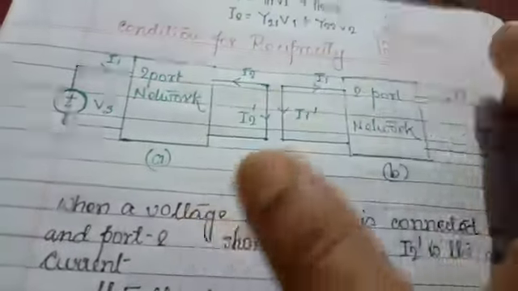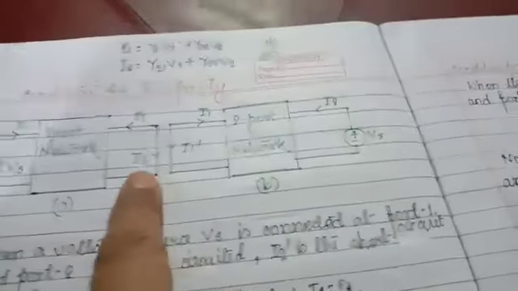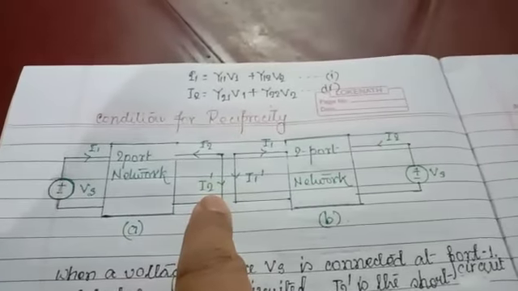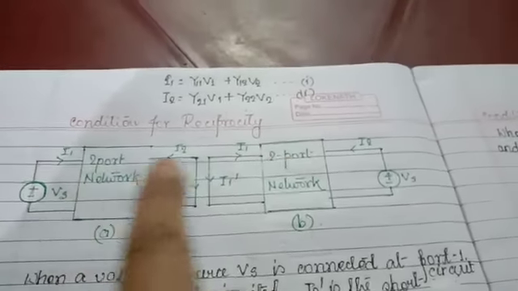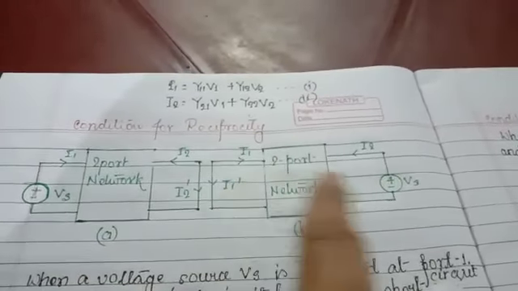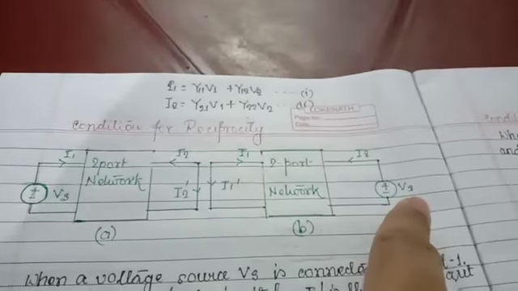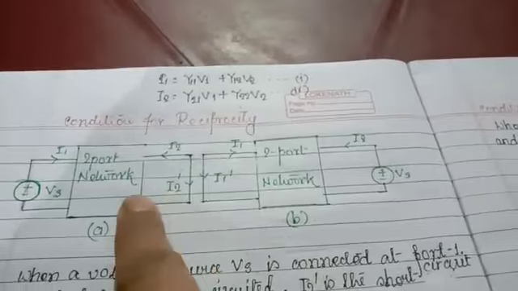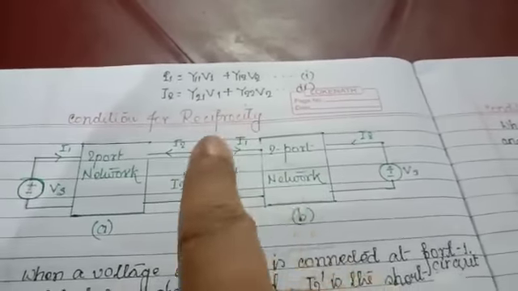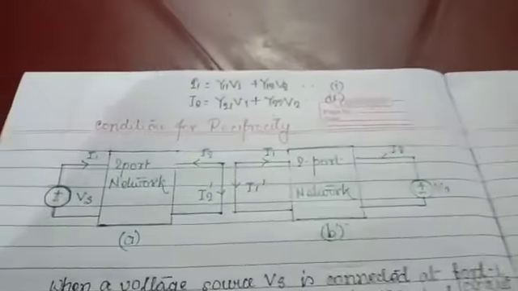So that is how we will measure it. That means if the ratios I2 dashed by Vs and I1 dashed by Vs are equal, then the network will be said to be reciprocal.